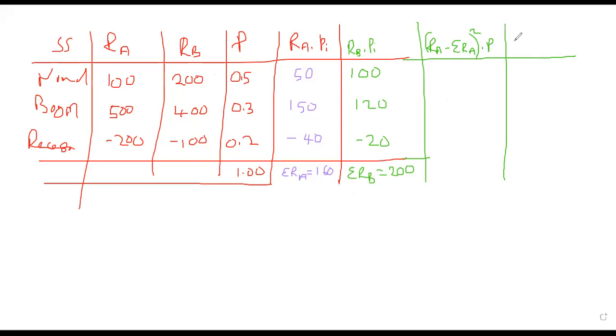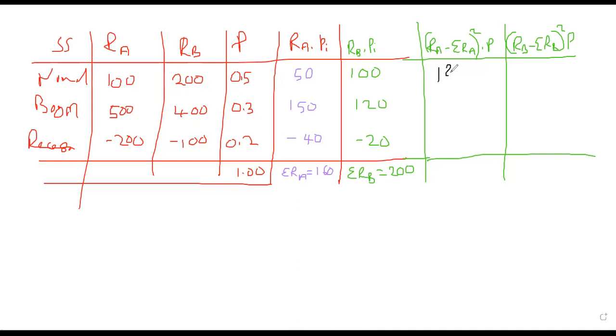Similarly, for asset B, the return for asset B, we subtract the expected return for asset B, square it, and multiply by the respective probability. So asset A, we're going to go here, 100 minus 160. What do we get? Negative 60. You square the answer, we get 3,600. Then we multiply it by the probability of 0.5. So that will give us 1,800. So that is how we are finding this column.